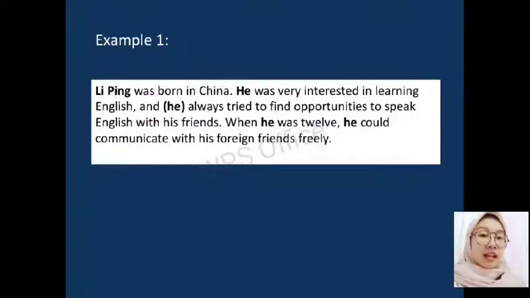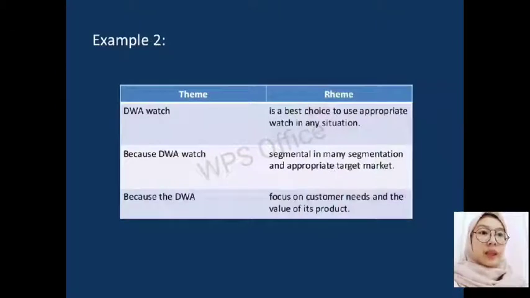The second example, the first clause, DWA watch is a best choice to use appropriate watch in any situation. In here, DWA watch is the theme. And then the second clause, because DWA watch is segmented in many segmentations and appropriate target market.